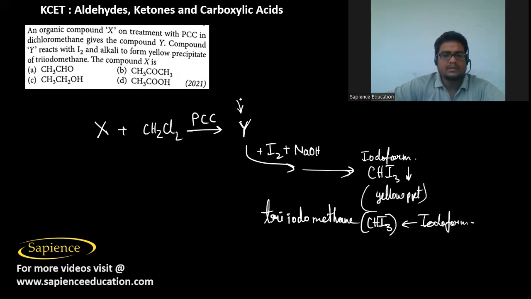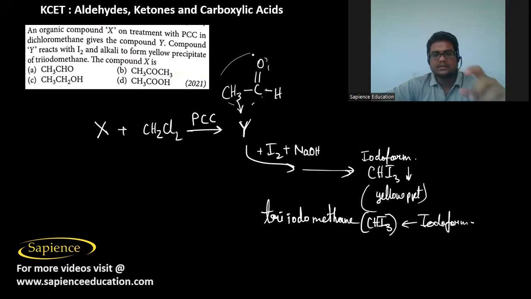It means that the compound Y should be CH3CHO. It should have the CH3CO group, since it is giving the iodoform test.